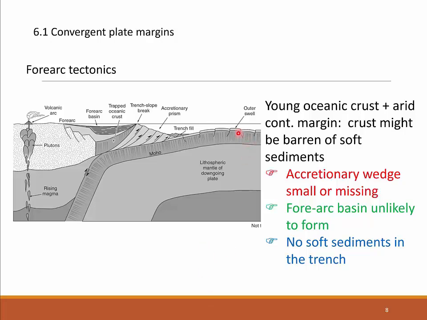If this oceanic lithosphere has formed at a nearby mid-oceanic ridge and accordingly is very young, there will be no time to accumulate pelagic sediments of any significant thickness. And if there are no sediments on the oceanic crust, then we also cannot form an accretionary prism. If we don't form this prism, we cannot form a forearc basin because it requires the presence of a prism as an oceanward boundary.